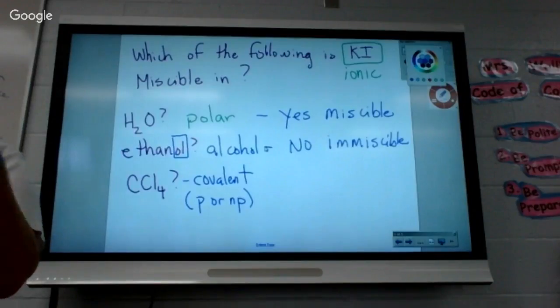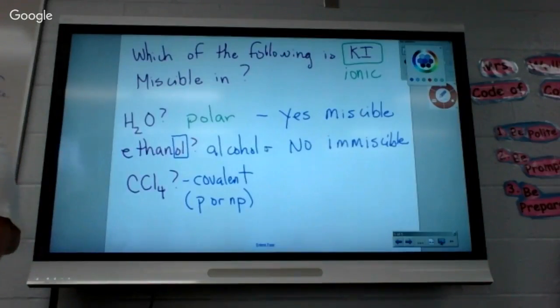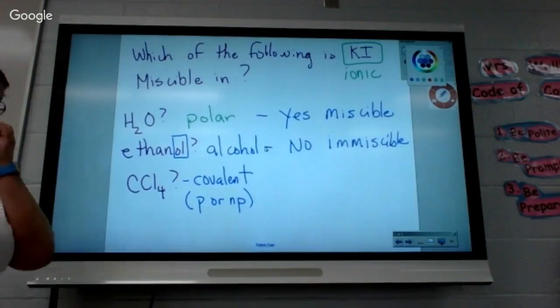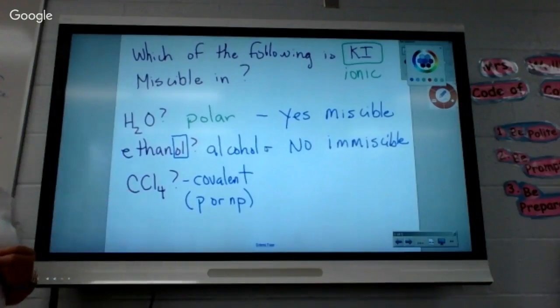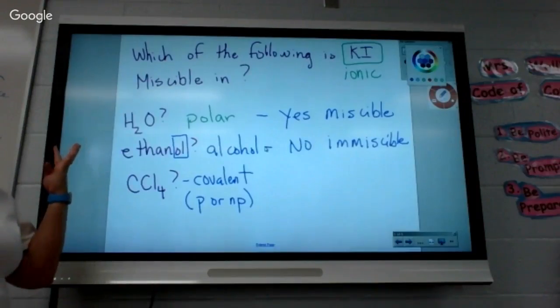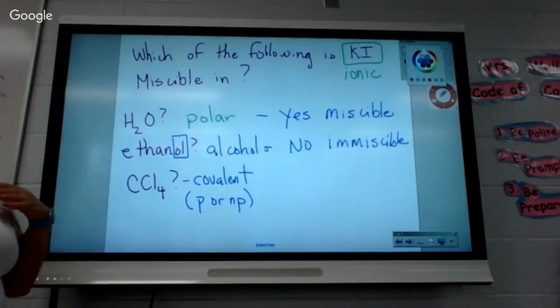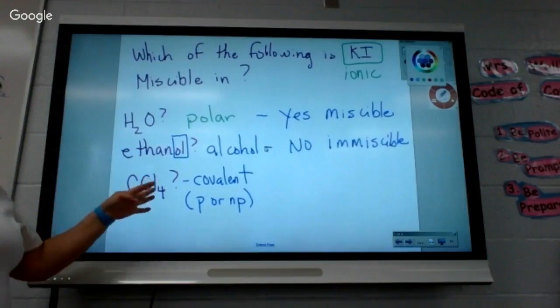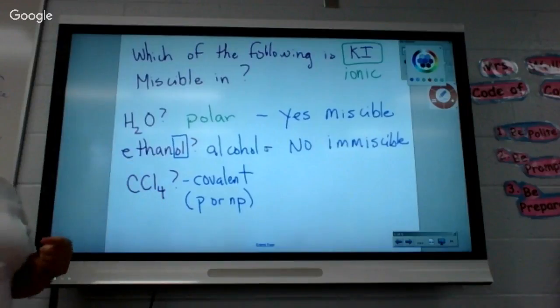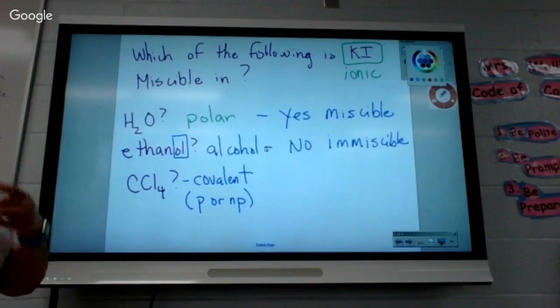Okay, so how do we decide if it's polar or non-polar? The Lewis structure. Okay, so how many electrons does carbon have? 4. How many does chlorine have? 7. Times how many chlorines? 4. So 7 times 4. So everybody said it was 28. So 28 plus 4 is 32.